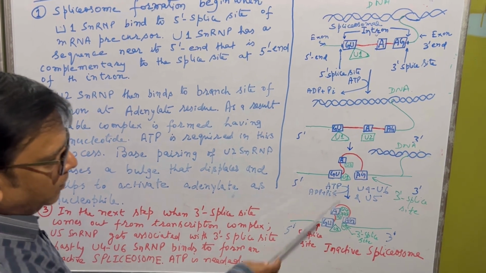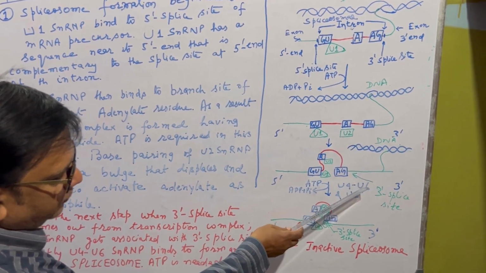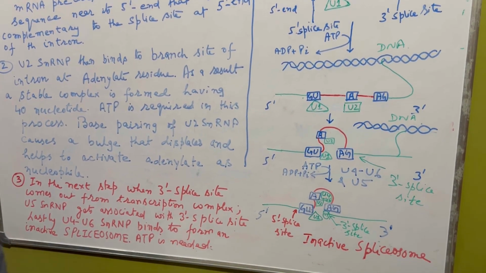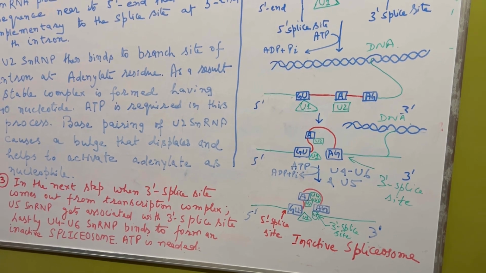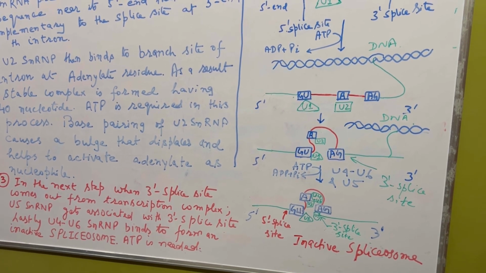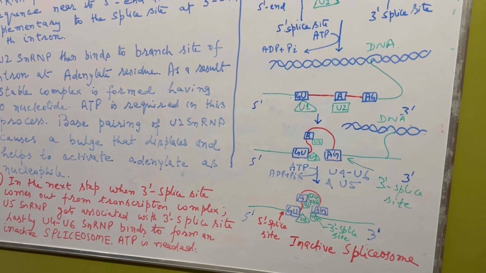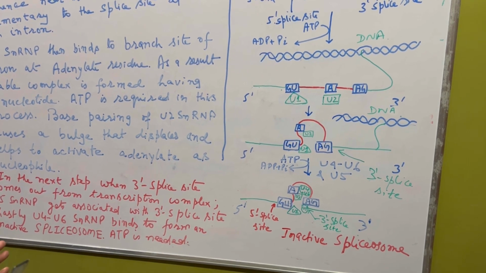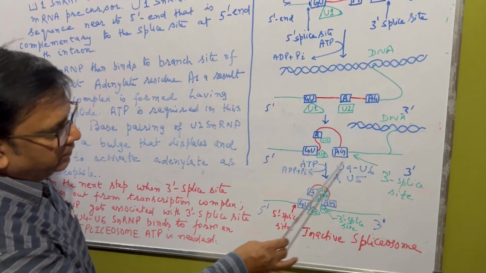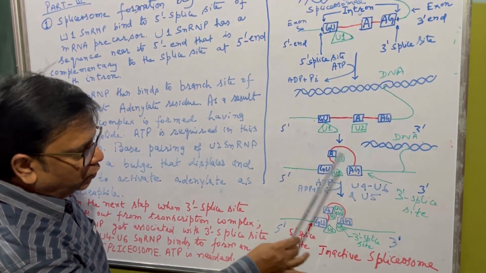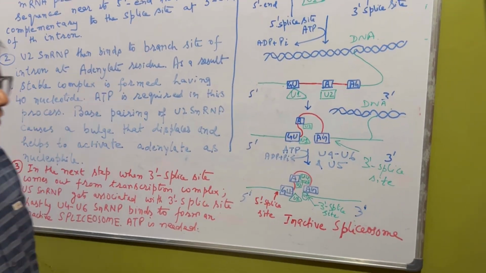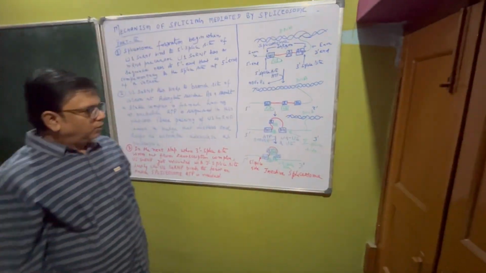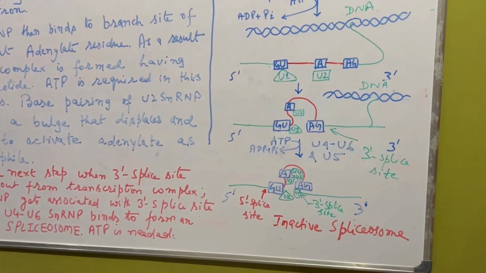It is specific that U5 will attach to the 3' splice site when it is synthesized during transcription and comes out, followed by binding of U4 and U6 with what is being developed, the spliceosome. All together this binding will form a spliceosome, but it is inactive.